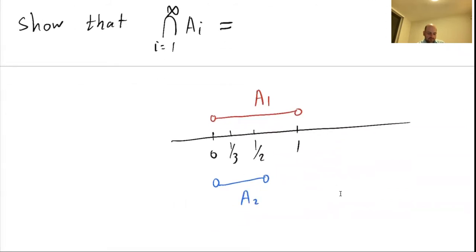A3 is from 0 to 1 over 3. And so on. So what are the common elements? The common elements between all these sets.